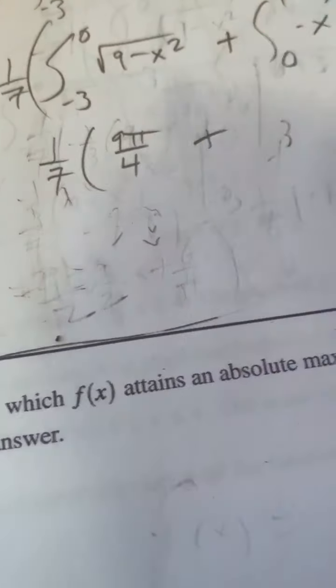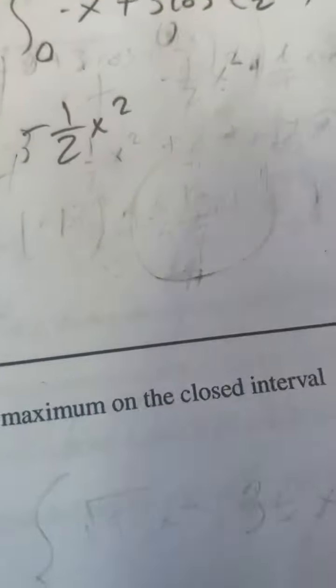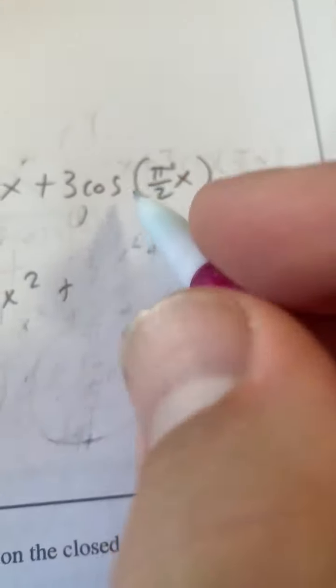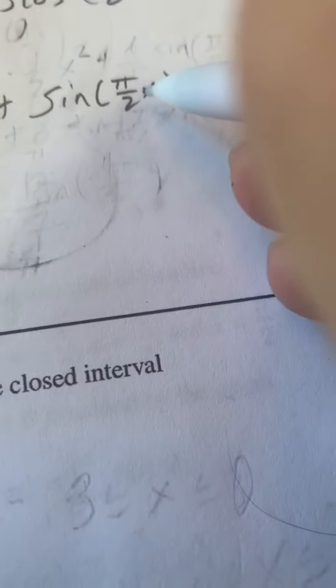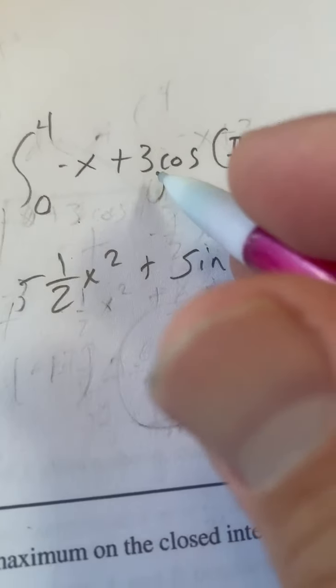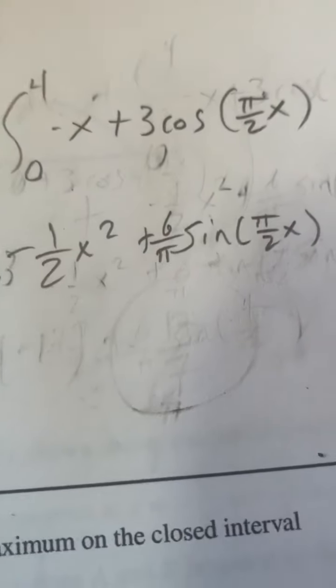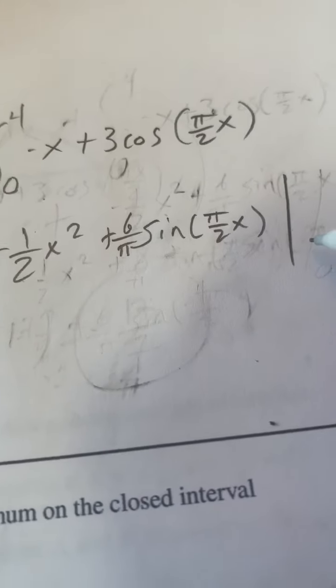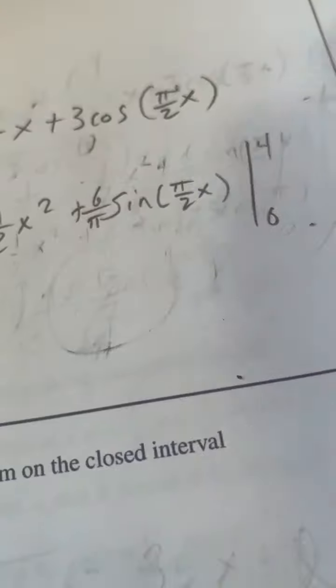Okay, for this part we have to do this, so I'll get negative 1/2 x squared plus, so obviously to get this cosine of pi over 2x, I need a sine of pi over 2x. If I take the derivative of this, I'm going to have a pi over 2 chain rule. I need there to be a 3, not a pi over 2, so I'll multiply by 6 over pi. I'm evaluating that from 0 to 4.